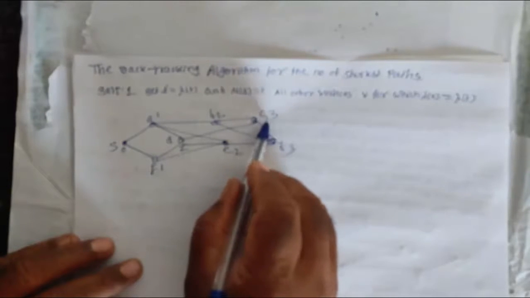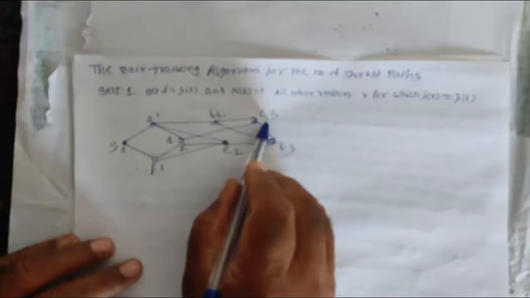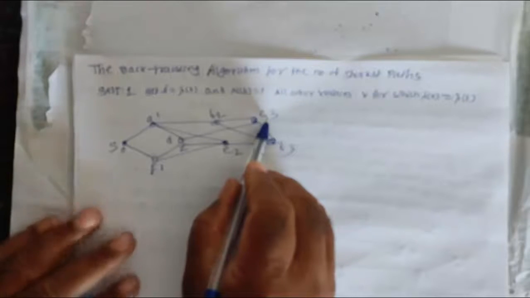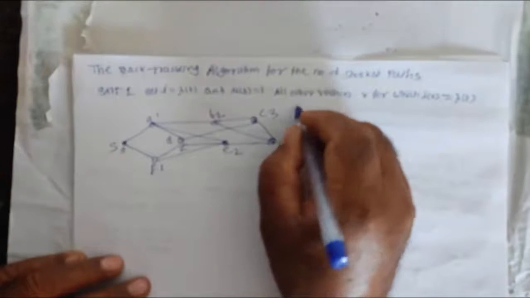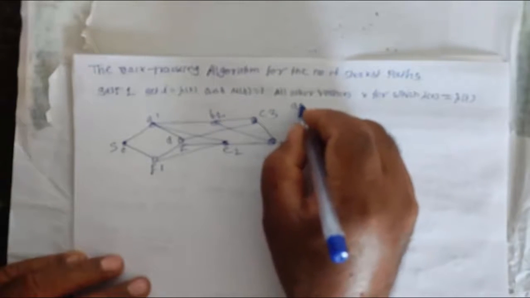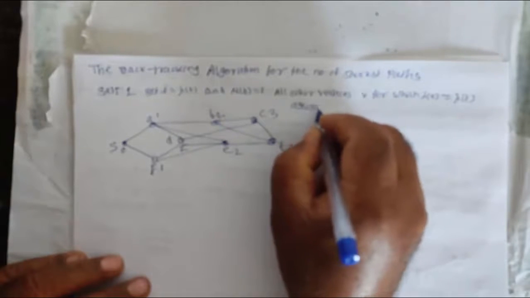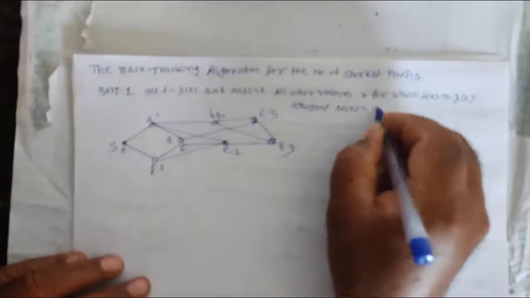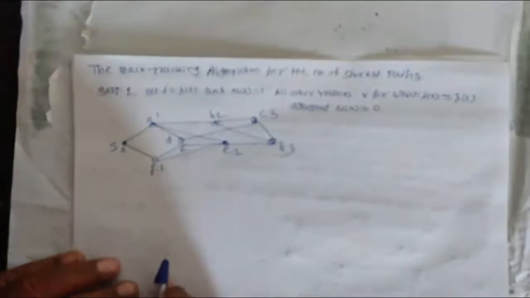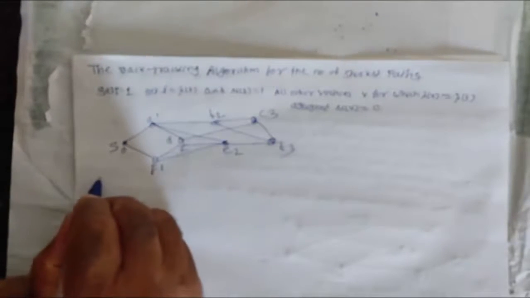Now here also lambda of C is equal to 3. In this case, assign mu of V is equal to 0. That means mu of C is equal to 0.